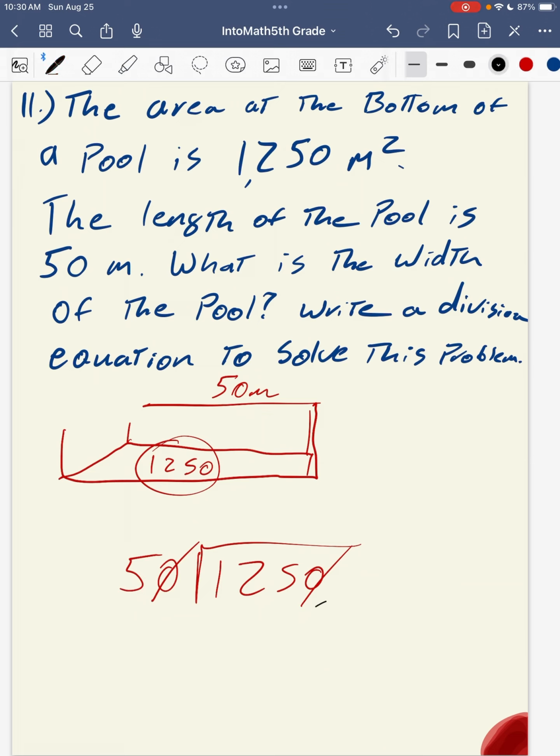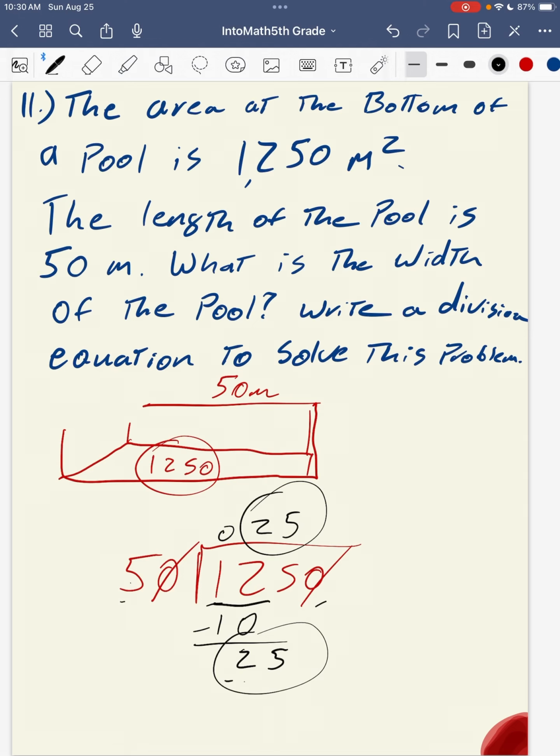So I take off my placeholder zeros. 5 can't go into 1, but 5 can go into 12 2 times. Minus 10 leaves me with 25. 5 can go into 25 5 times, and regardless of whether I'm doing standard division or looking at my area model and breaking it down into multiples of my divisor, my answer is 25. So it is 25 meters wide.